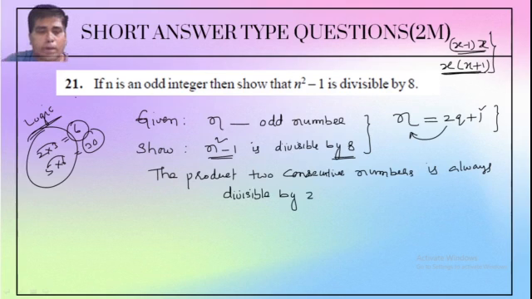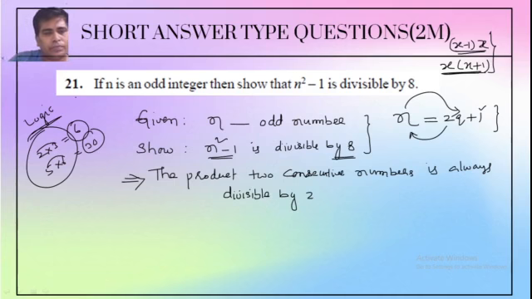Very, very important. Based on this logic, we are showing that it is divisible by 8. One more logic: you know that an odd number is in the form of 2q plus 1. If you know these two, we can prove that it is divisible by 8.